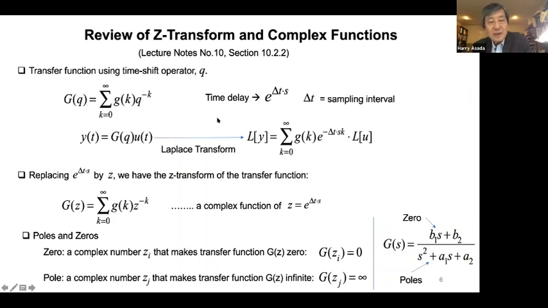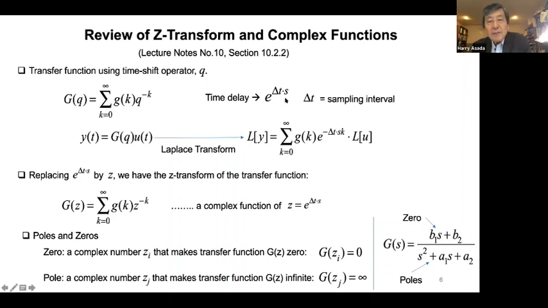You recall that if you take the Laplace transform of a time delay element, it turns out to be exponential delta TS. Delta T is the sampling interval, one time shift. In this case, moving forward delays, you need a minus sign here, right?